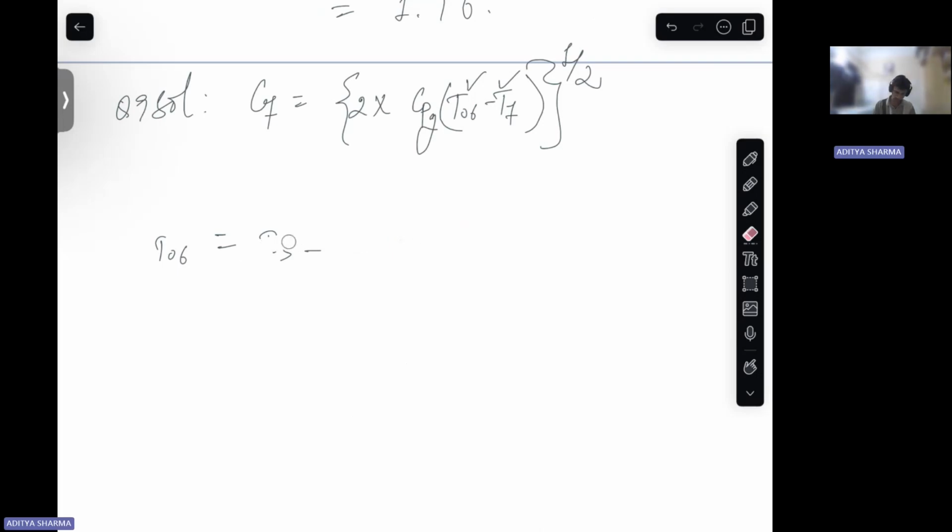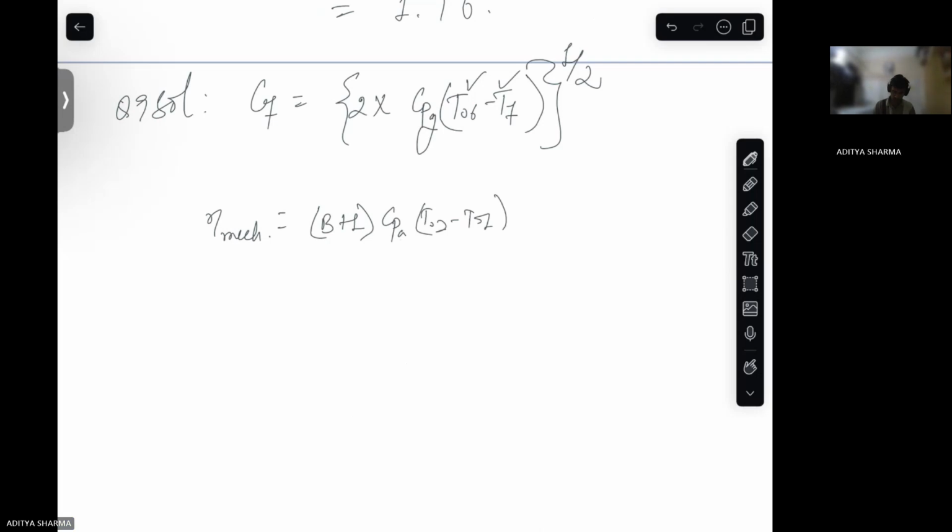So we'll write the formula first. n mechanical equal to b plus 1 CPA T naught 2 minus T naught 1 into 1 CPG T naught 5 minus T naught 6.